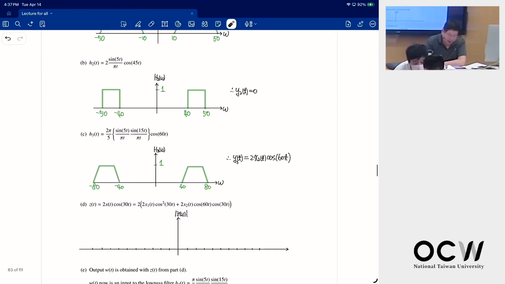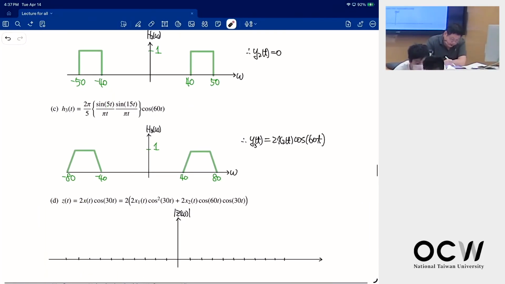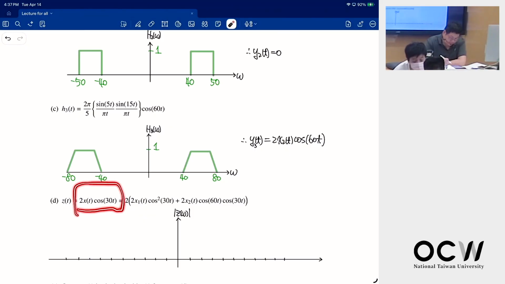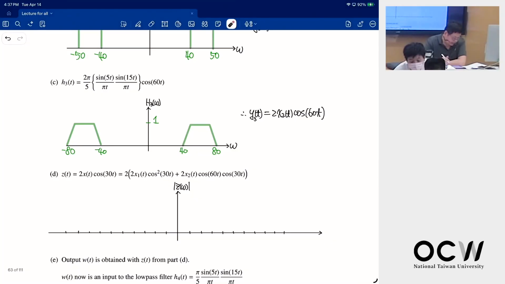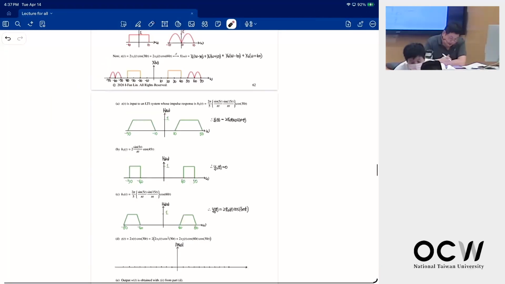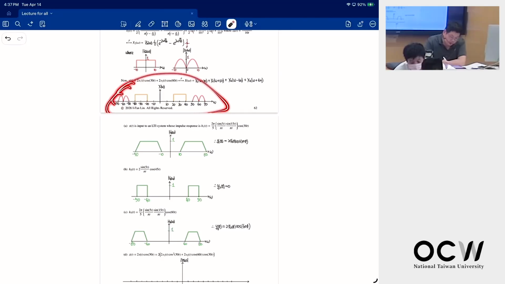Now if I have another signal, this signal is 2 of your original signal x and doing the modulation. Okay, so in this case, what is the Fourier transform? That means this is my x, and I still need to do the modulation.